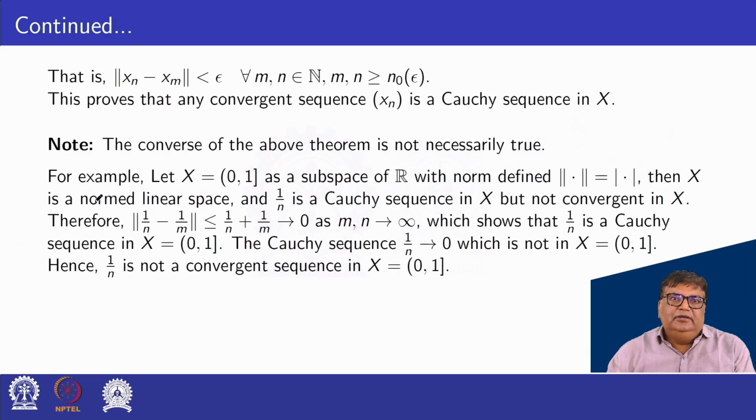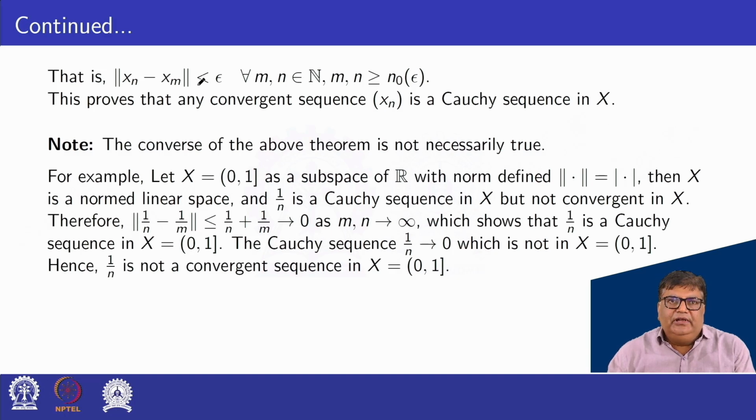Then X is a normed linear space, already proved in the previous lecture. So let X be the semi-open interval and let the sequence 1/n be a Cauchy sequence.